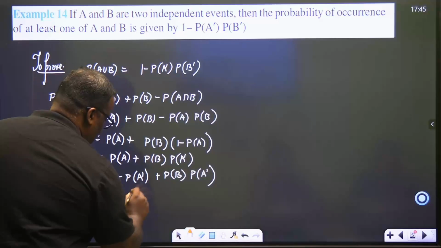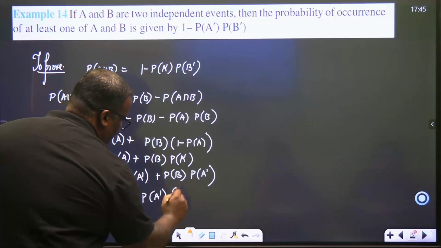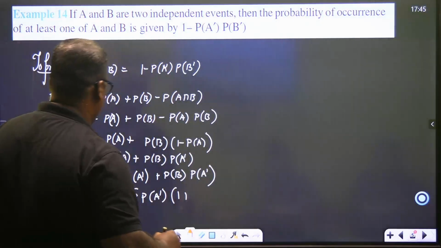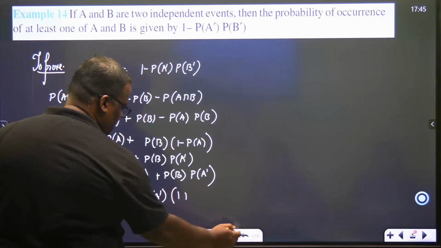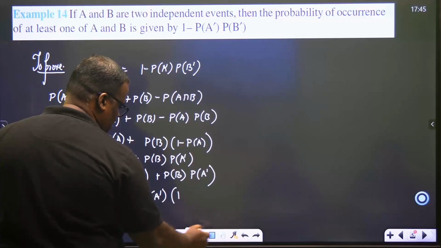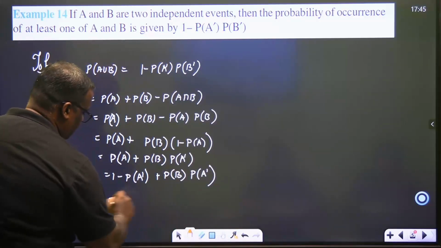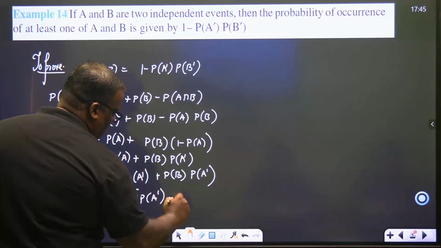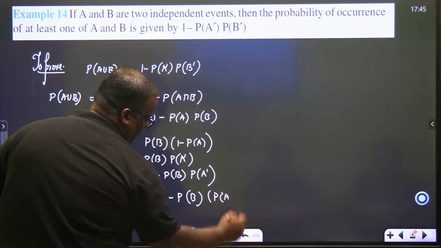One minus, take P of A complement, 1, then this becomes, sorry, one minute, this becomes 1 minus P of A complement minus P of B into P of A complement.